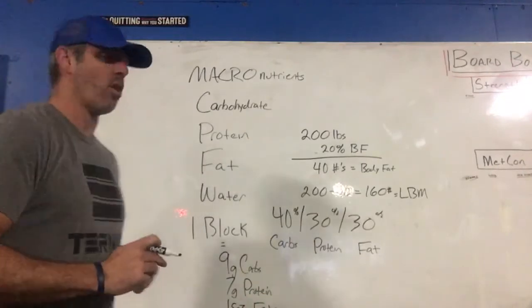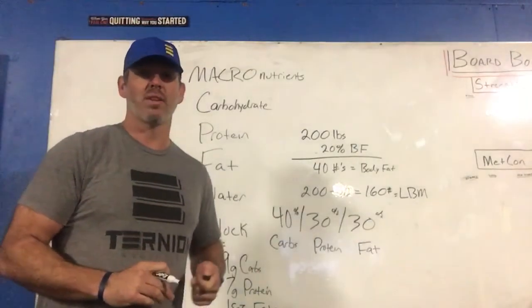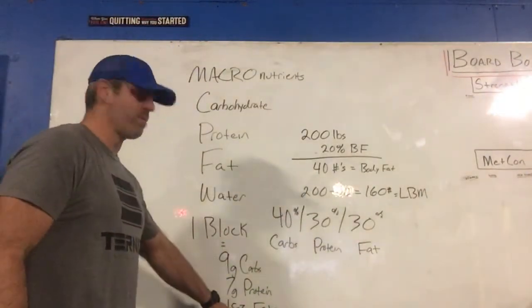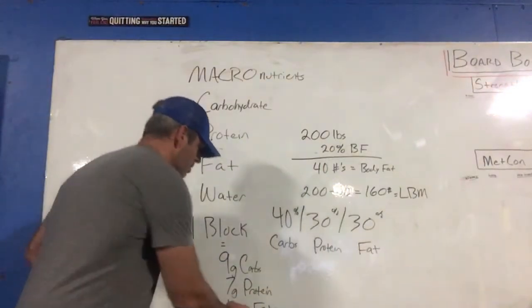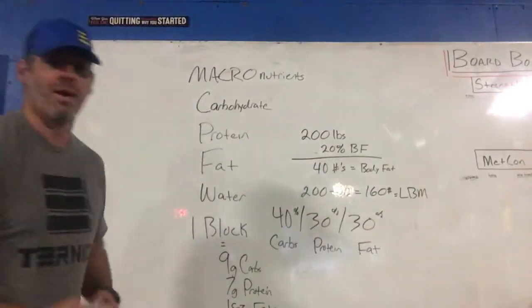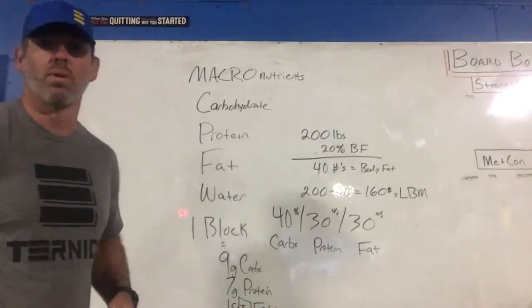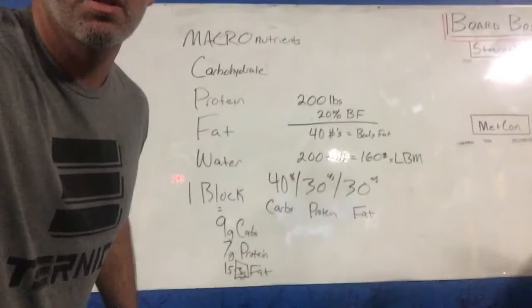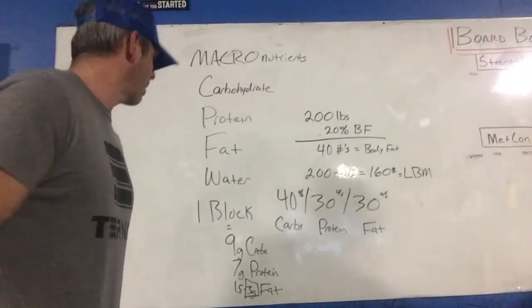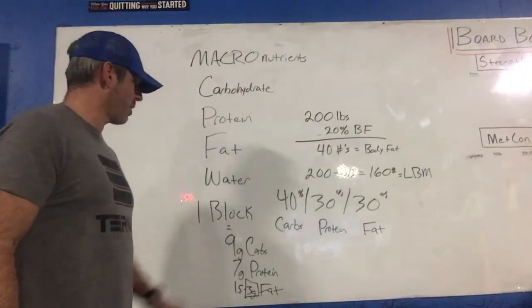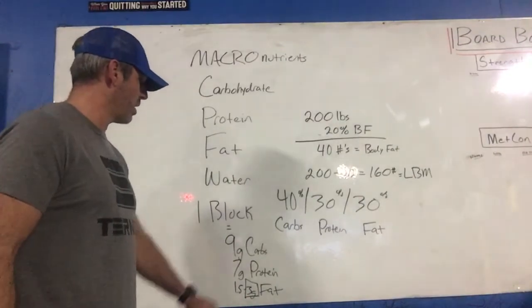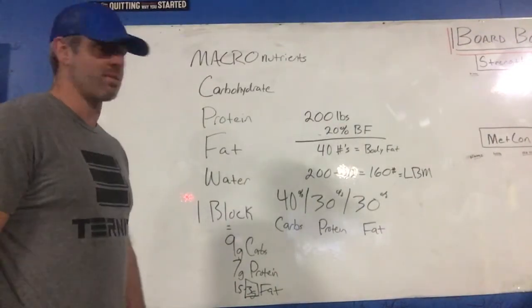I always encourage more fat in the diet than less, so most of the time I'm going to say we want to have 3 grams of fat in our block. But you play around with that and see what works for you. Okay, so we've got one block: 9 grams of carbohydrates, 7 grams of protein, and we'll say 3 grams of fat.